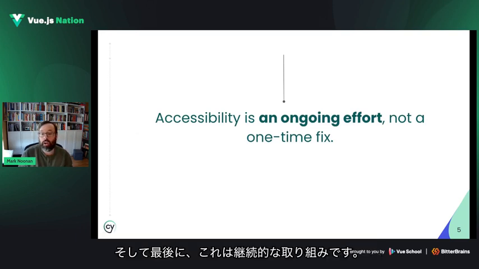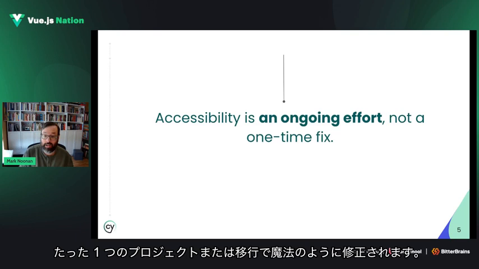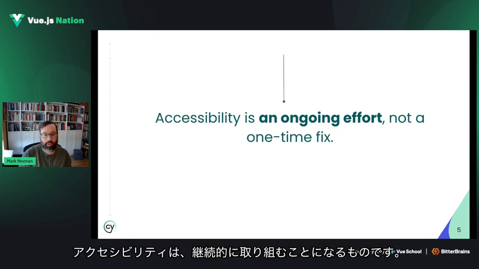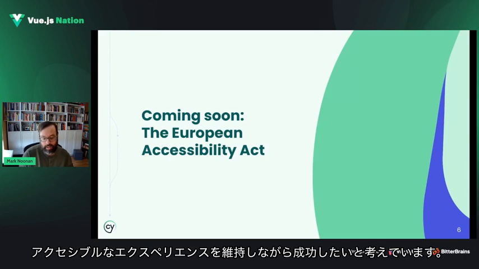And lastly, this is an ongoing effort. You're not going to find a silver bullet or something like a component library or anything that magically fixes it in one single project or transition. Accessibility is something that you're going to deal with on an ongoing basis if you want to be successful maintaining an accessible experience.